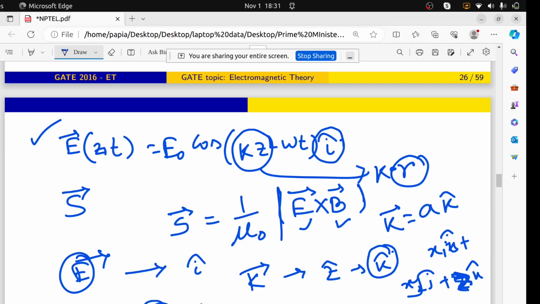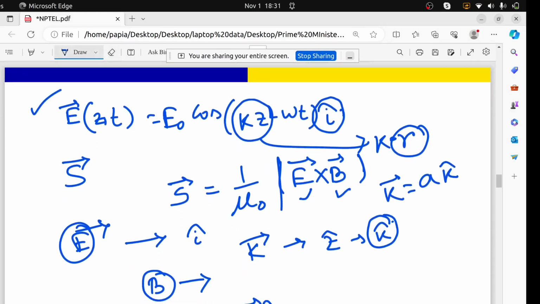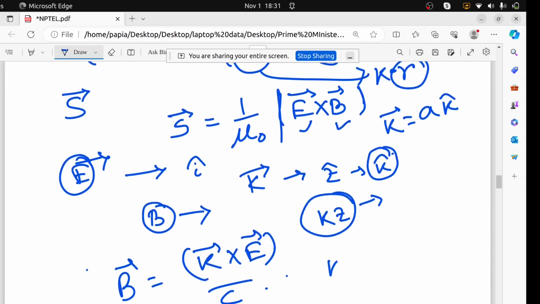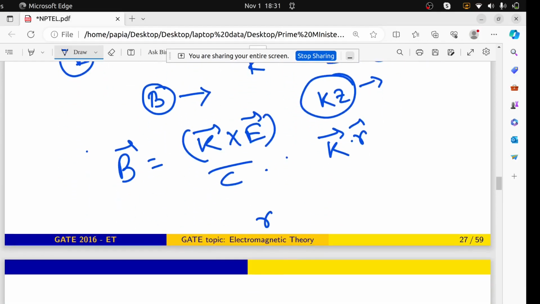Let me write here properly. See, kz is given, so how to make kz? This is the k vector dot r vector. Now I am writing the r vector as x i cap plus y j cap plus z k cap. So if I am getting kz, that means obviously k cap will be there to make kz.